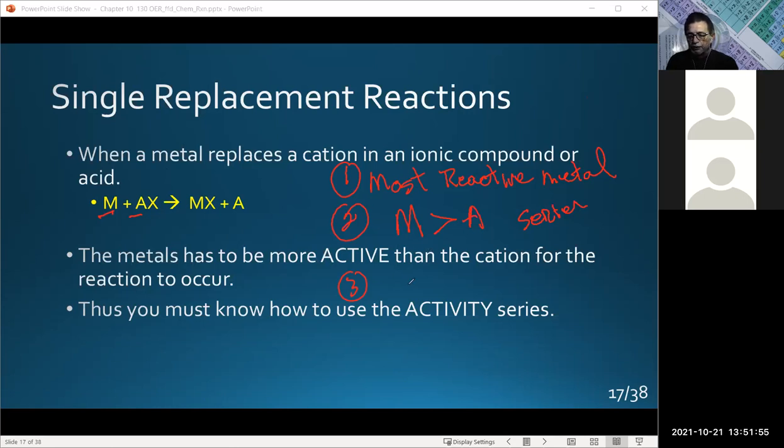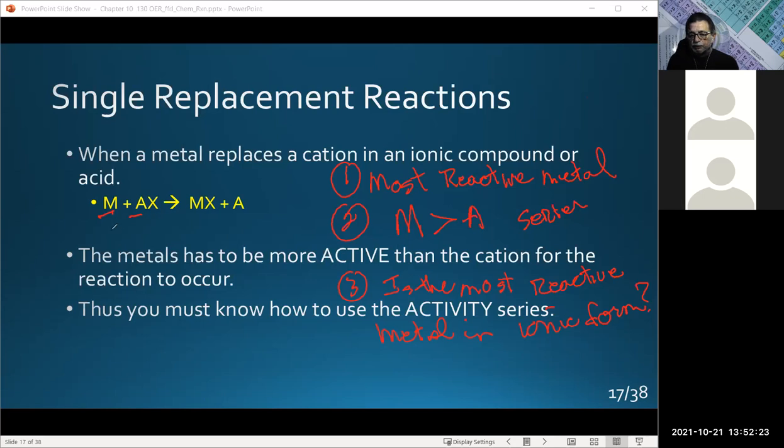So then you ask the question, is the most reactive metal in ionic form? Okay, so the question is the most reactive metal already a compound, specifically an ionic compound?